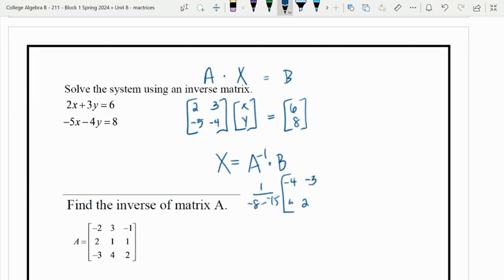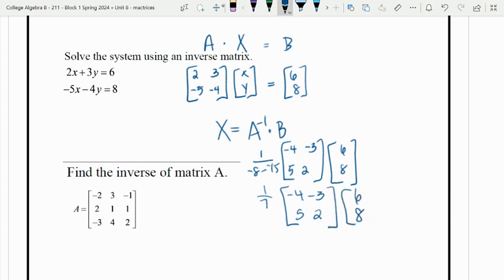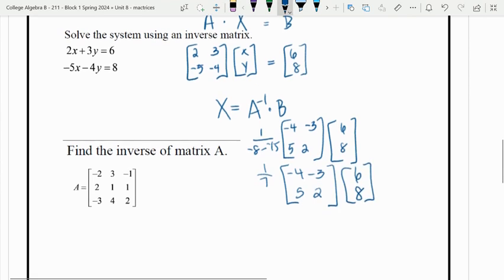So 3 and 5. And we're going to multiply it by 6 and 8. It's 1 over 7 times -4, -3, 5 and 2 times 6 and 8. Can we multiply these? The answer is yes. This is a 2 by 2. This is a 2 by 1. The 2's in the middle are the same, so my final answer will be a 2 by 1.